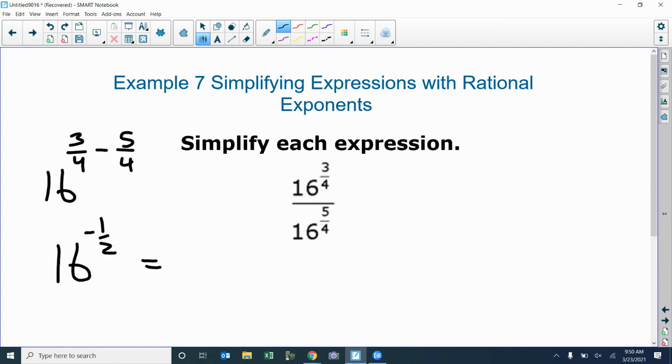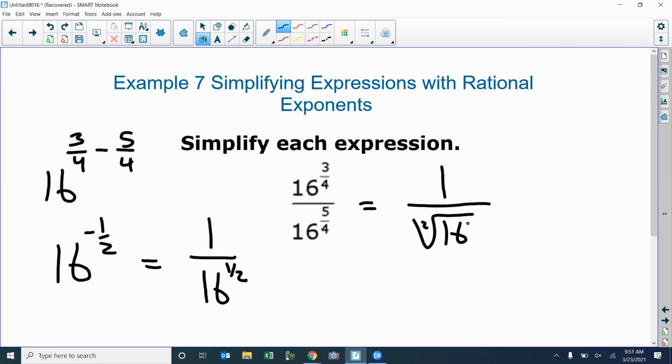So if I want to write that as a radical, could I? Maybe. Can you simplify this on out? Okay, I'm going to write it as a positive exponent. It's going to be 1 over 16 to the half. Okay, remember negative exponents aren't going to go. How do we get rid of negative exponents? We move them between numerator and denominator. Remember that? Now I might want to rewrite this as, and it might help you think about it, the square root of 16, right?